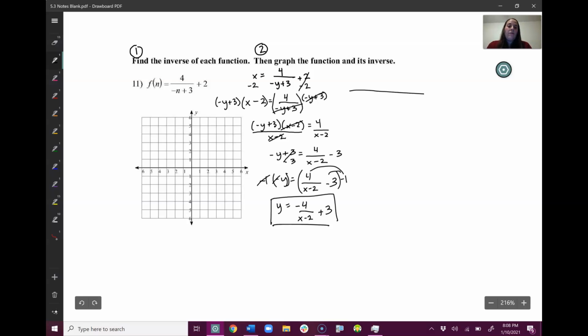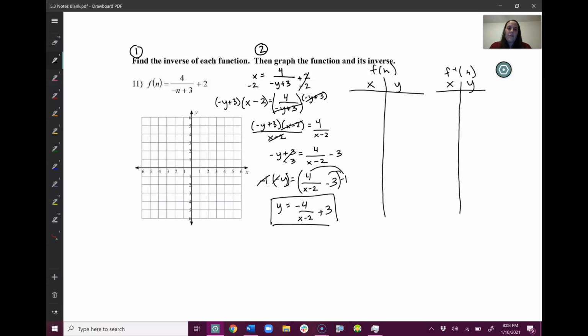Now I need to graph it. Now remember, we learned that the easiest way to graph these things is to plug some numbers into a t-table and then flip them. So that's what I'm going to do. I'm just going to pick some x values.